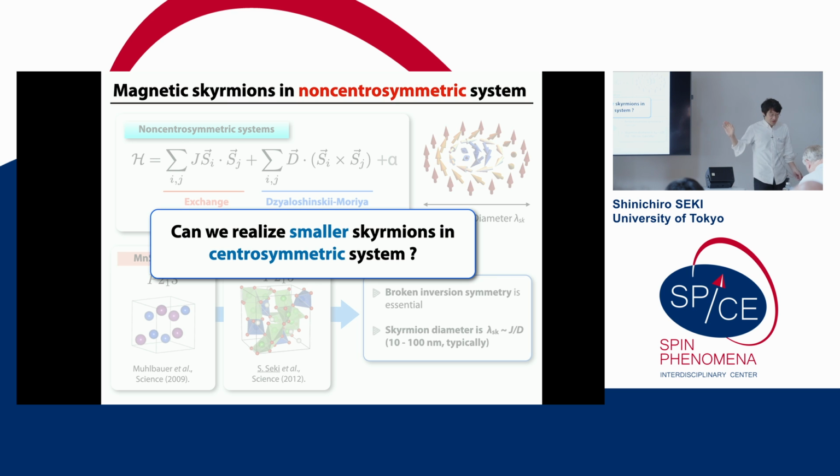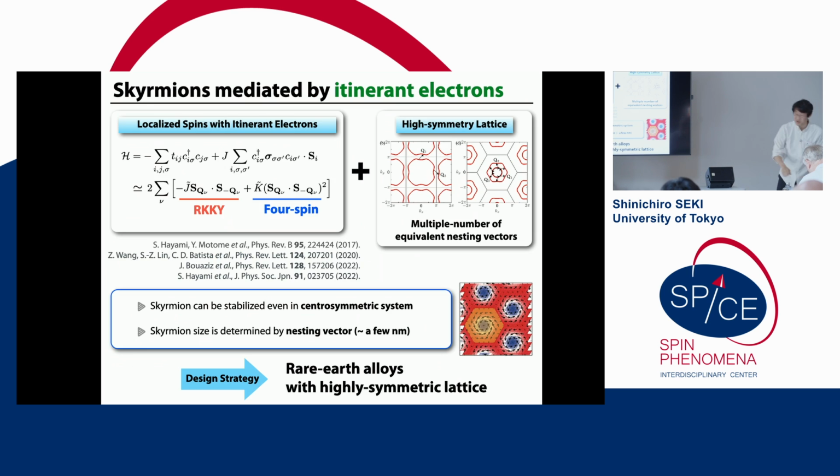Here one important breakthrough is the recent discovery of a novel skyrmion formation mechanism mediated by itinerant electrons. In this new theoretical framework, we assume the coexistence of localized magnetic moments and itinerant electrons. In such a situation, its magnetic Hamiltonian can be mainly described by two terms.